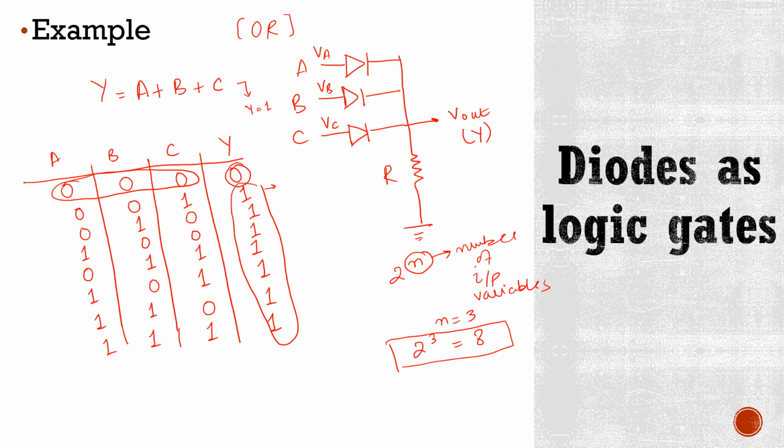Okay, so how many combinations will there be when there are 4 input diodes? Then there will be 2 raised to the power 4, which is equal to 16 combinations. So this is logic OR function where diode is acting as a logic gate.